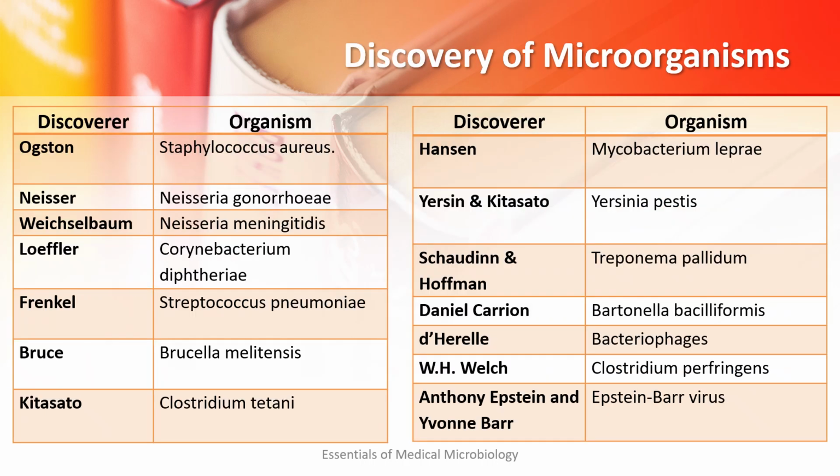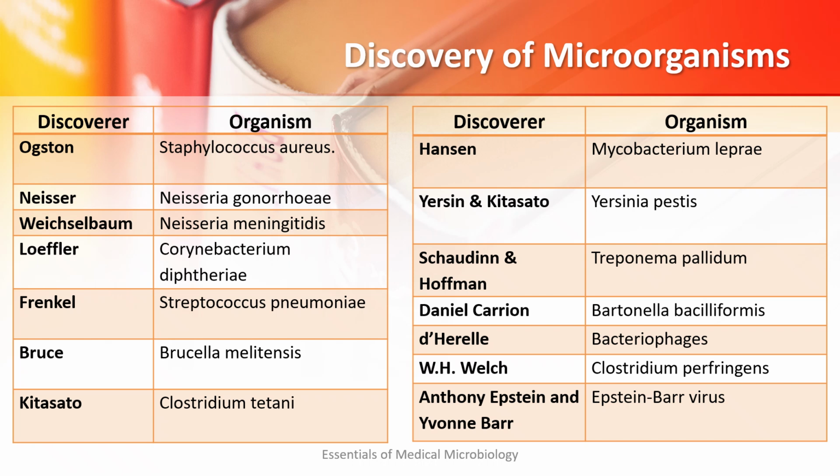Then, some discoveries of microorganisms: Staphylococcus aureus, Neisseria gonorrhoeae, Neisseria meningitidis, Corynebacterium diphtheriae, Streptococcus pneumoniae, Brucella melitensis, Clostridium tetani, Mycobacterium leprae by Hansen, and Yersinia pestis by Yersin and Kitasato, and many more.